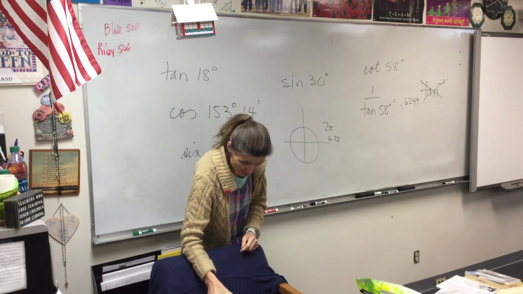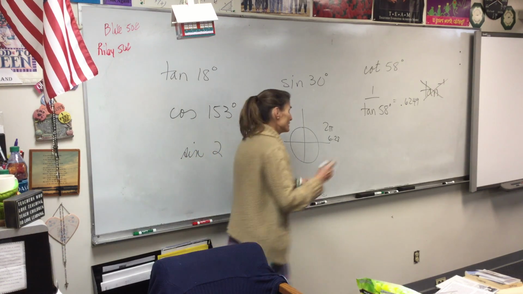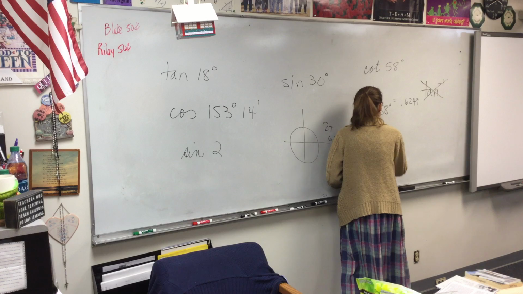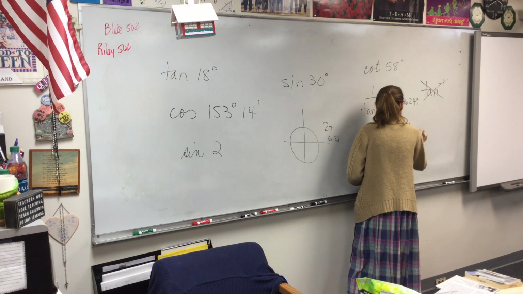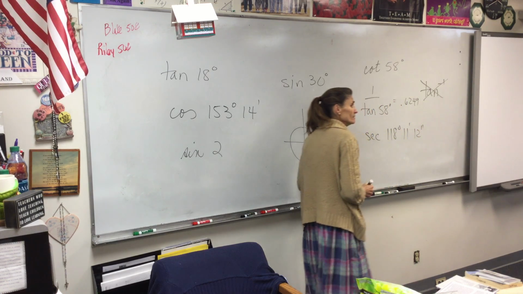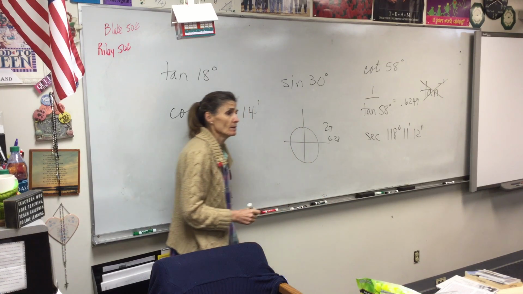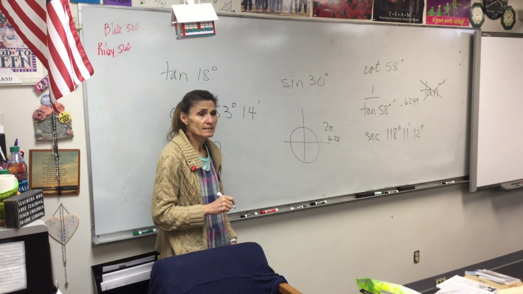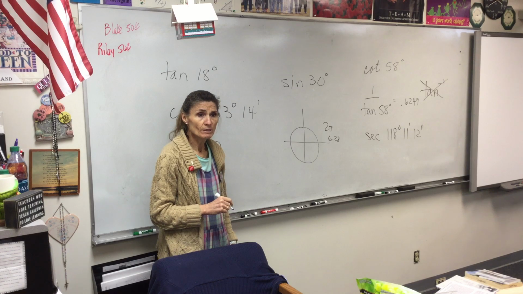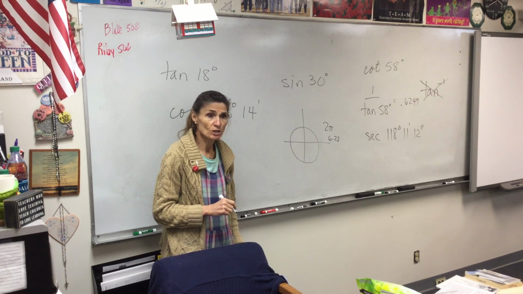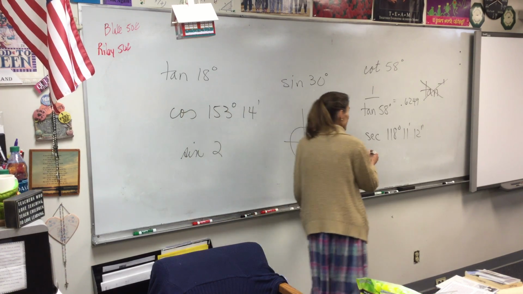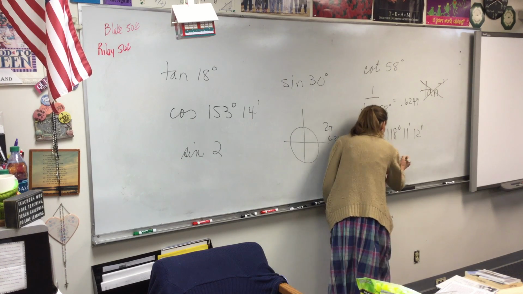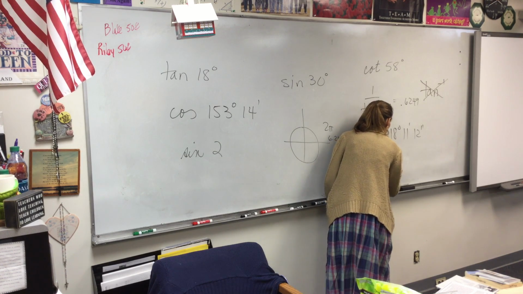And likewise, if you want the secant of 118 degrees, 11 minutes, and 12 seconds, the only way to put a secant into your calculator is to put it in as its definition. And what is the definition of the secant? 1 divided by cosine.